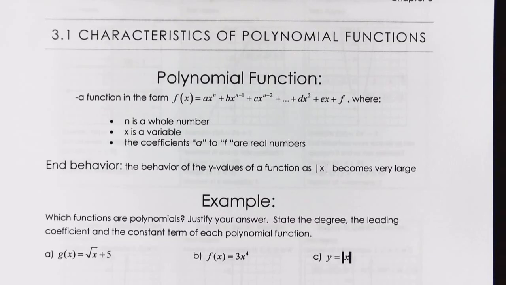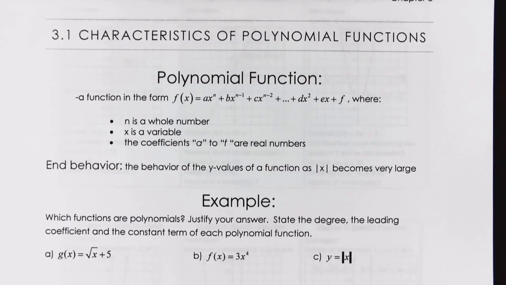So the deal with polynomial functions is that the exponent has to be a whole number. Key feature. It can't have any other weird things with it. It can't have absolute values.